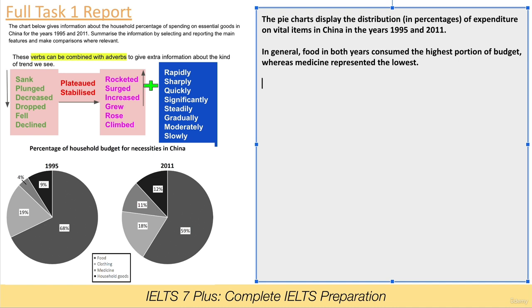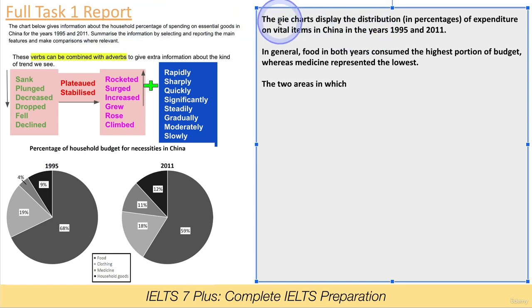Okay, so let's make a start on the two highest parts of the budget, which will be food and clothing. Actually, I'm just thinking now about the household percentage of spending.